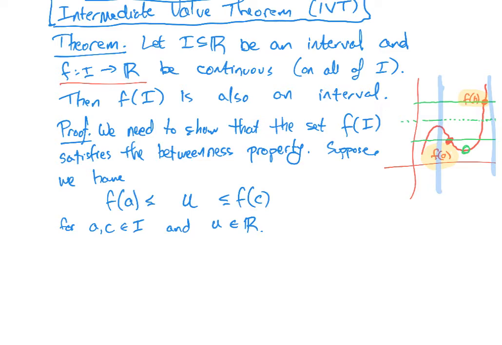Okay, so if we have that, we want to show that f of I satisfies the betweenness property, we've got to show that the number u lies in f of I, right? And to show that something lies in f of I, we have to show that it is the image of a point in I. Okay.